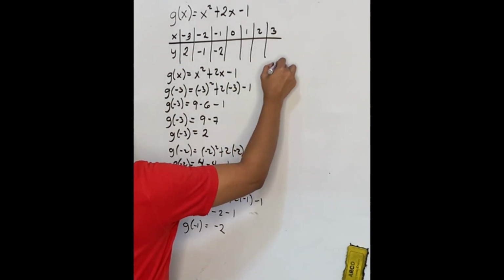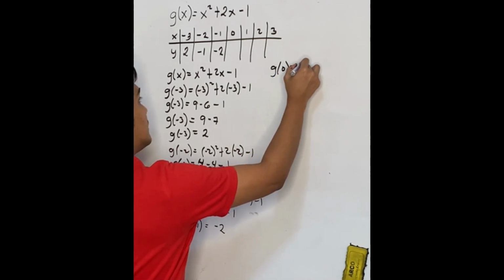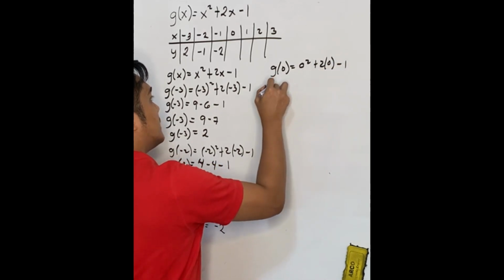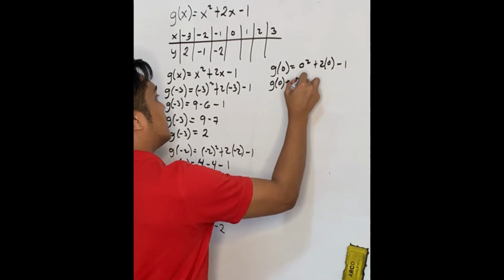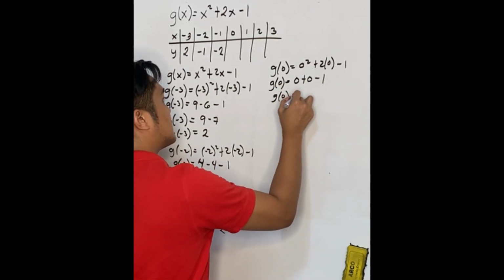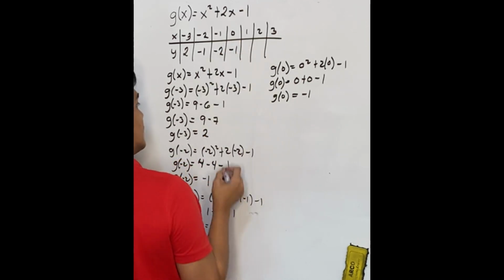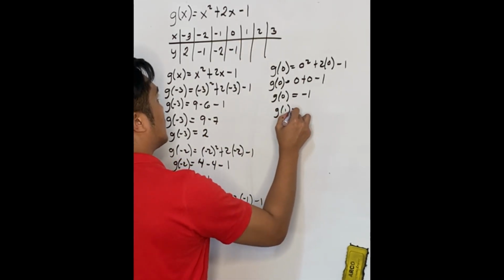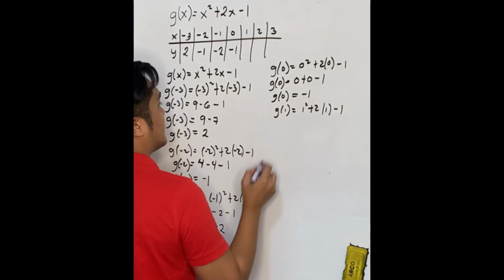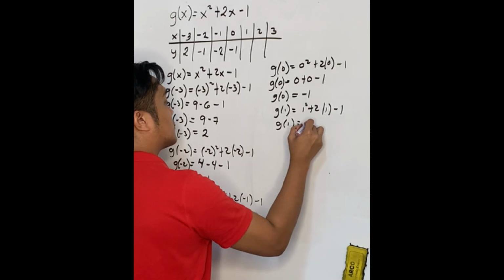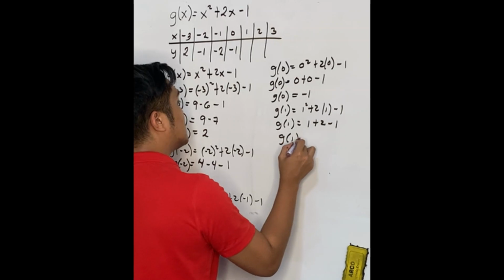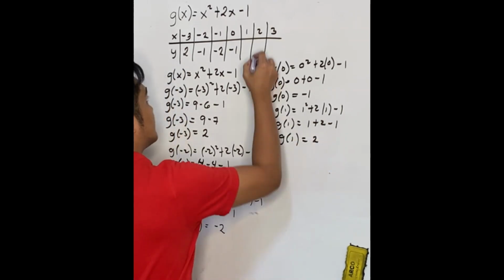Now let's have g of 0 is equal to 0 squared plus 2 times 0 minus 1. g of 0 is equal to 0 plus 0 minus 1. g of 0 is equal to negative 1. g of 1 is equal to 1 squared plus 2 times 1 minus 1. g of 1 is equal to 1 plus 2 minus 1. g of 1 is equal to 2.